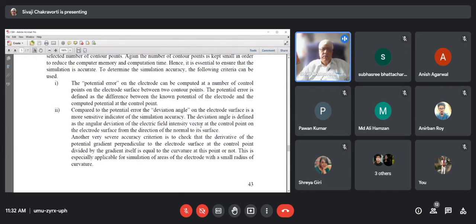I have seen that even if the potential error was 0.01%, that means if the actual value is 100, I was getting 99.99, still the deviation angle was more than 1 degree. So deviation angle is a very, very stringent condition, and the reason is very simple, because deviation angle comes from field intensity, which is the first order derivative of potential.